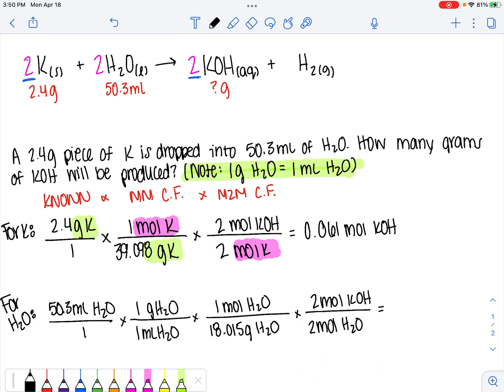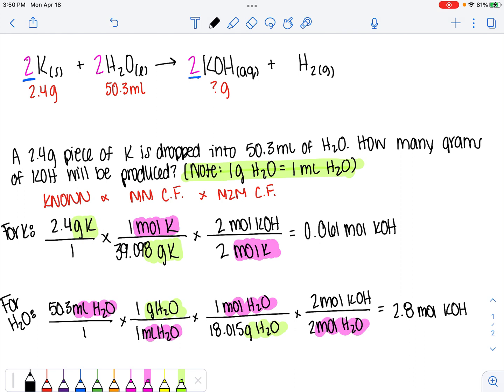So it's still a 1-to-1 ratio, just like we saw with potassium. To check our units, milliliters cancels with milliliters, grams cancels with grams, moles of H2O cancels with moles of H2O. So we're looking pretty good here. If you throw this number into your calculator, you're going to end up with 2.8 moles of potassium hydroxide.